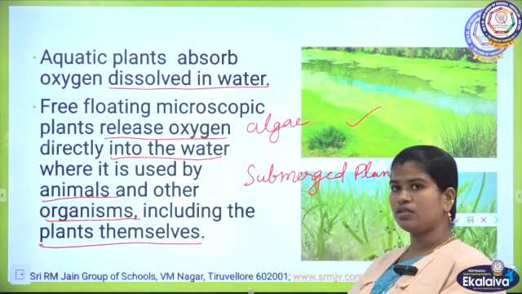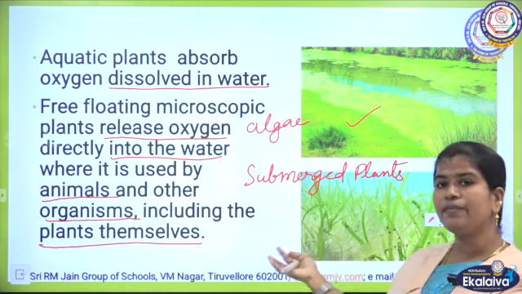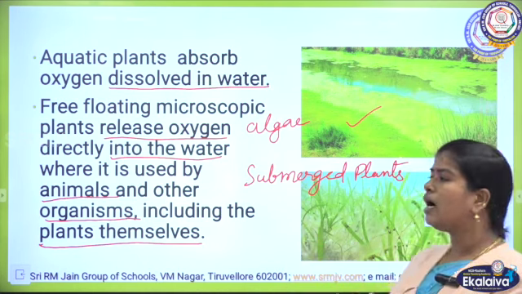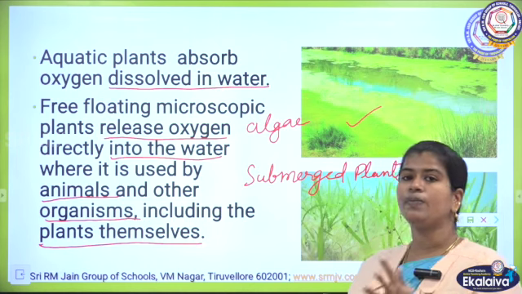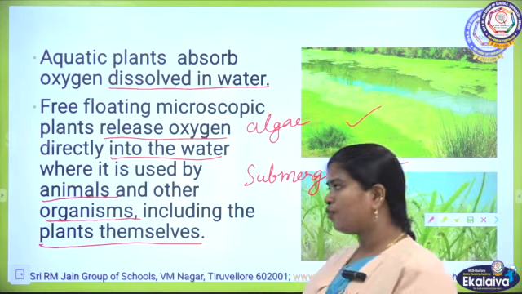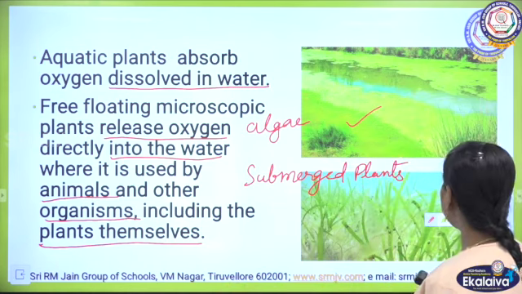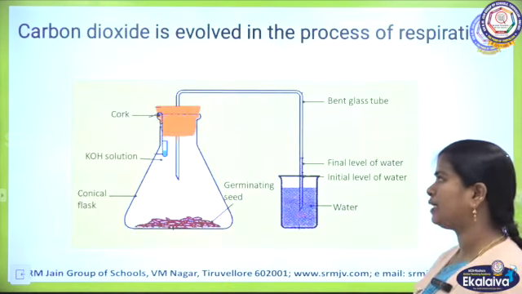During photosynthesis the oxygen is released and dissolved in the water, and the dissolved oxygen is used for respiration, both by animals and by plants.